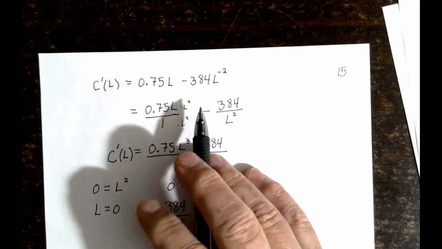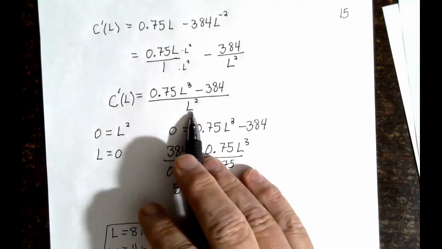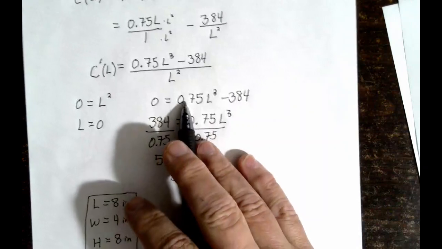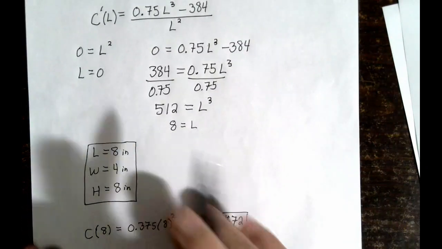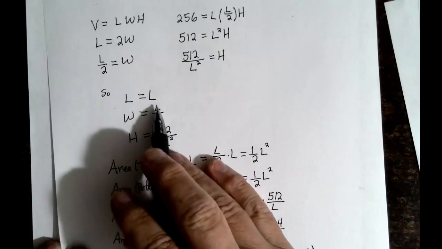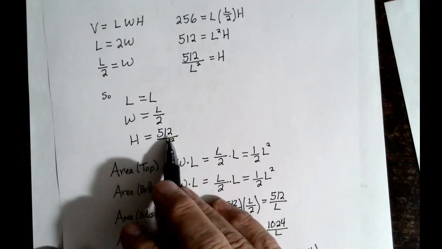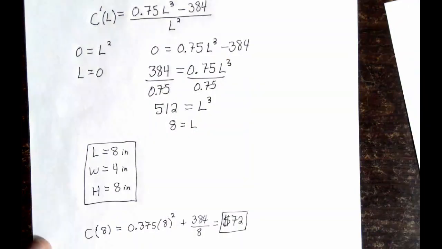Now when you take the derivative, you get this guy here, and you get a common denominator, bring it together, and you set the denominator equal to 0, which doesn't give you anything, and you set the numerator equal to 0, which gives you L is 8. All right? So once you know L is 8, you go back here, and if L is 8, W is 8 over 2, which is 4, and H is 512 over 8 squared, which is 8.